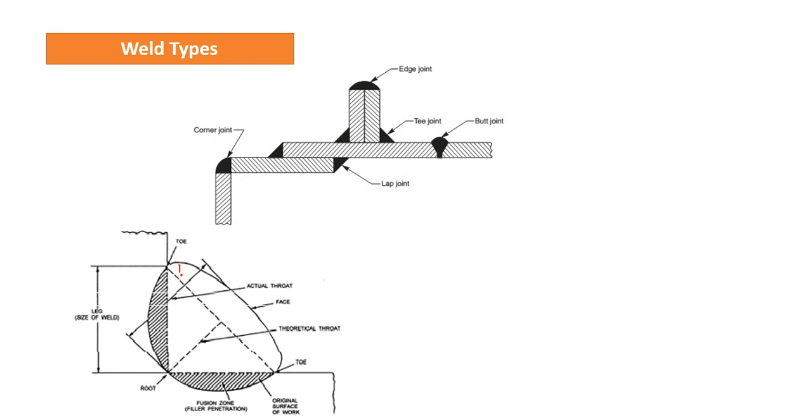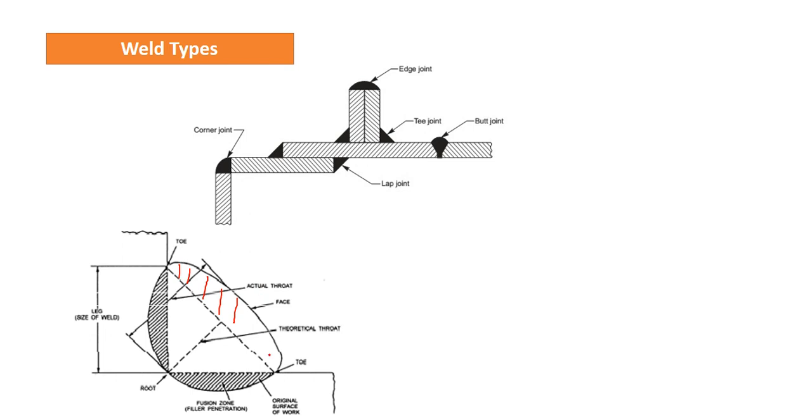This additional portion beyond the triangle is reinforcement, and the actual throat thickness is from here to here, if we extend this line to the reinforcement.